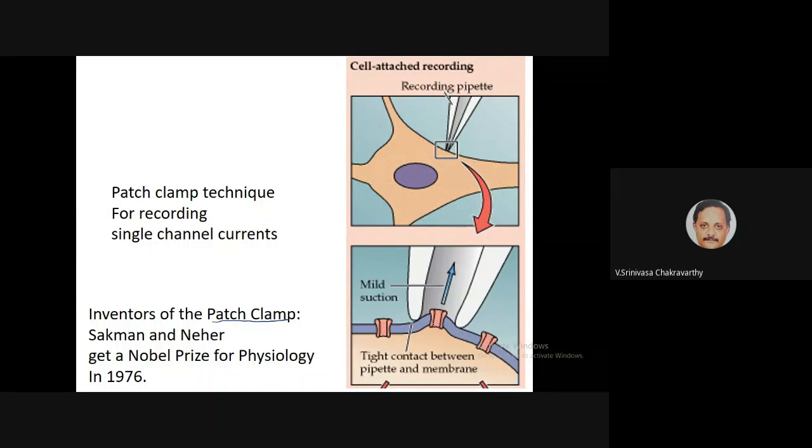Let us say that part of the membrane has only a single channel, a very small part, like a few microns. You make contact with this pipette and apply some suction. That will suck up the membrane into it, and then you are able to isolate a single channel. After that, the pipette itself acts like an electrode, and it can measure the currents going through that channel. For this work, Sakmann and Neher got a Nobel Prize for physiology in 1991.